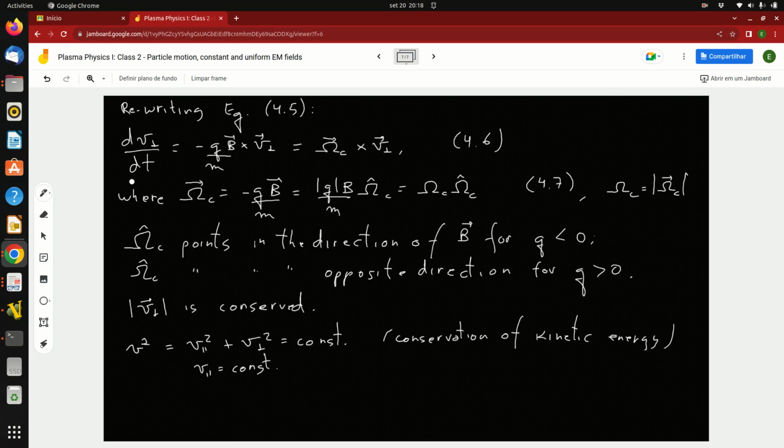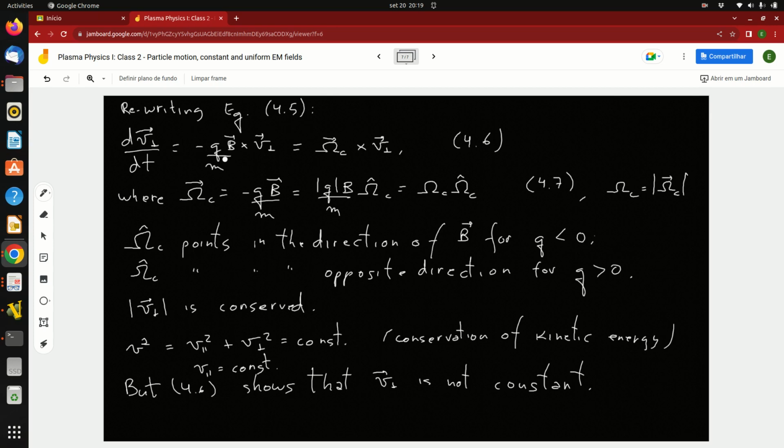So the modulus is conserved, it is constant, but the vector itself, and this should have a vector here, sorry, is changing. v perp is changing, but its modulus is conserved. 4.6 shows that v perp is not constant, and the acceleration is perpendicular to both v perp and to b, because this is the perpendicular acceleration.